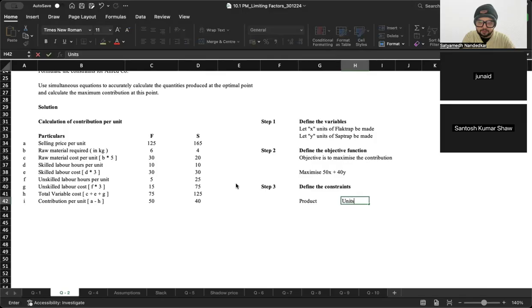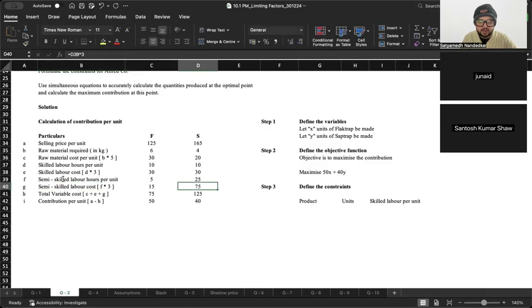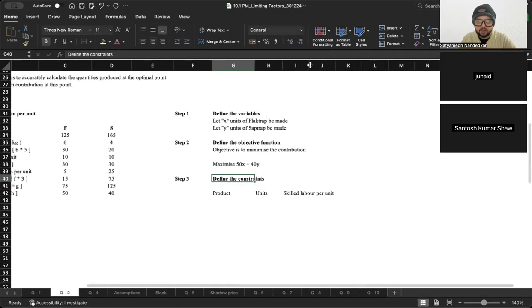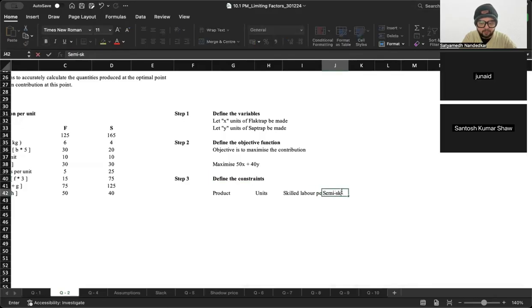Product, units, skilled labor per unit, and I wrote unskilled here. It should be semi-skilled actually. The question does not say unskilled, the question says semi-skilled labor. Skilled labor per unit and semi-skilled labor per unit.